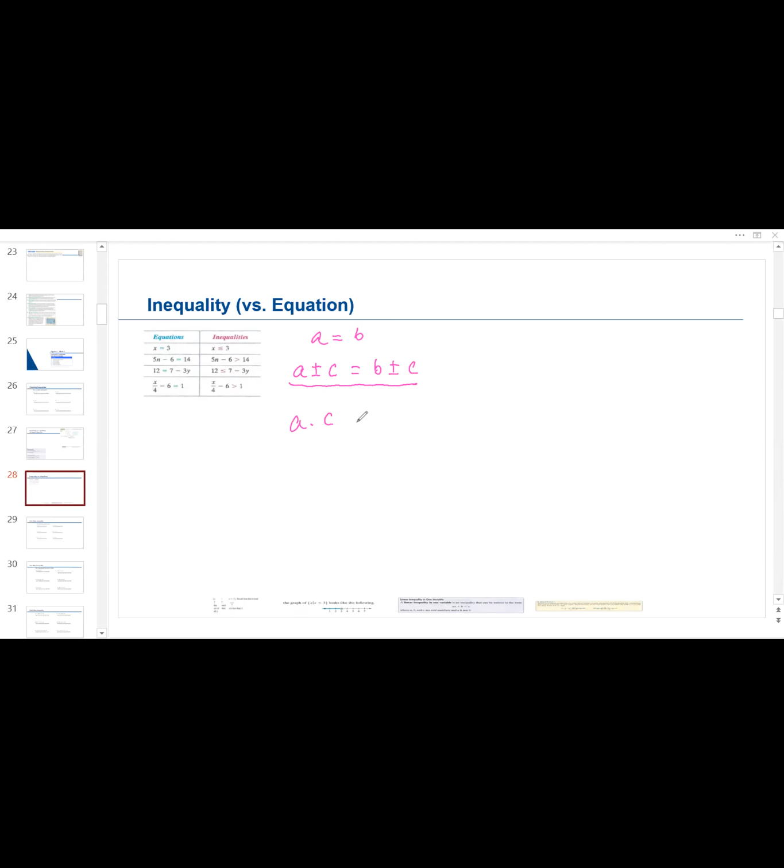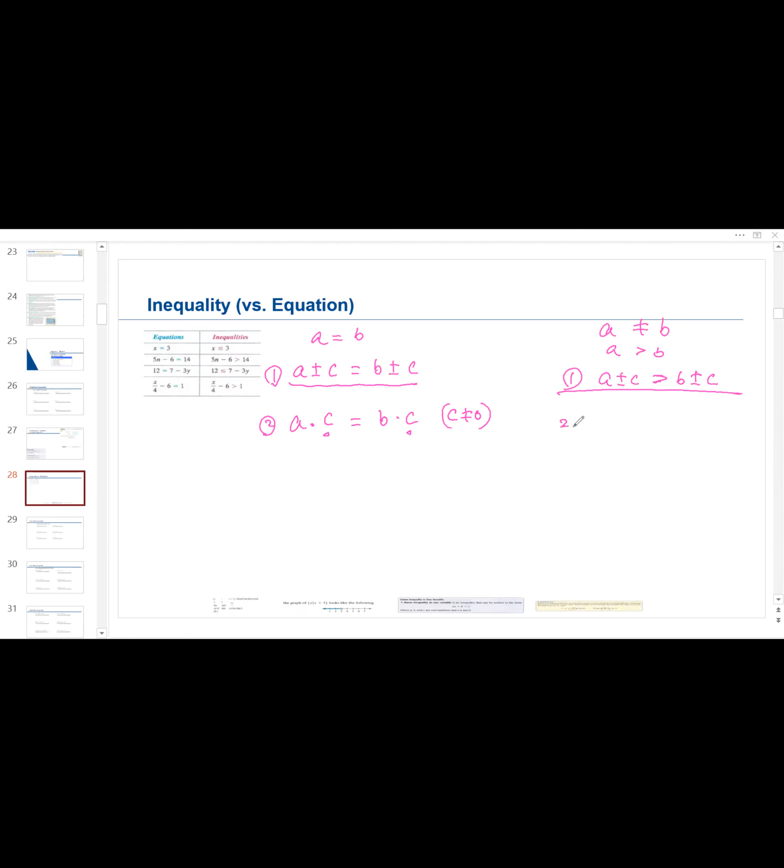When times a number in an equation, it doesn't matter if C is positive or negative, the only thing is x cannot equal 0. They don't change, right? When unequal, both sides can plus the same number and minus the same number, they are still the same.